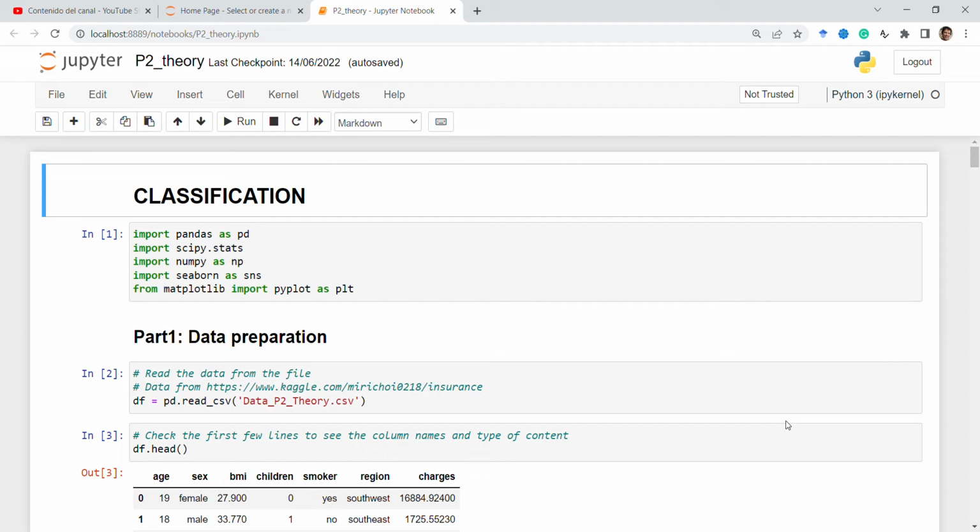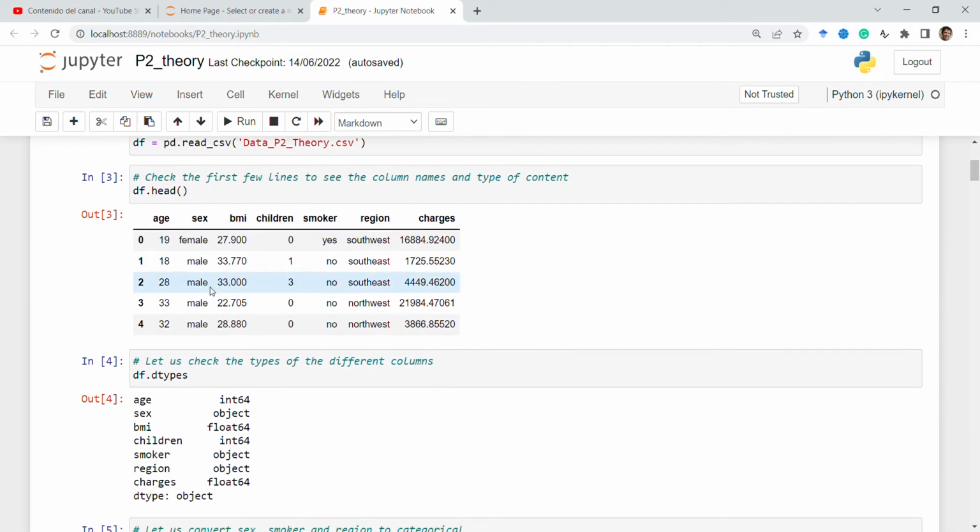Okay, so in this example, we will show an application of classification, and this problem is about predicting whether a person in the US will pay a high cost, will have a high charge for his health insurance.